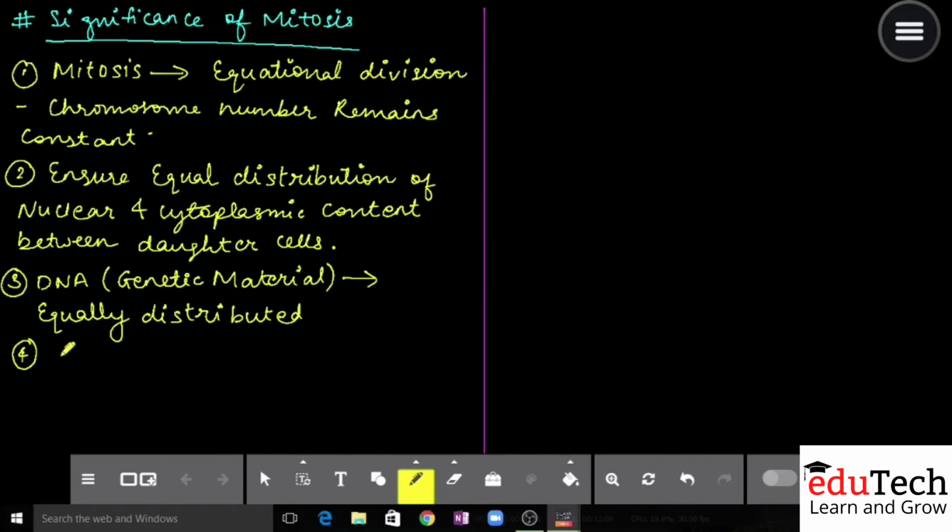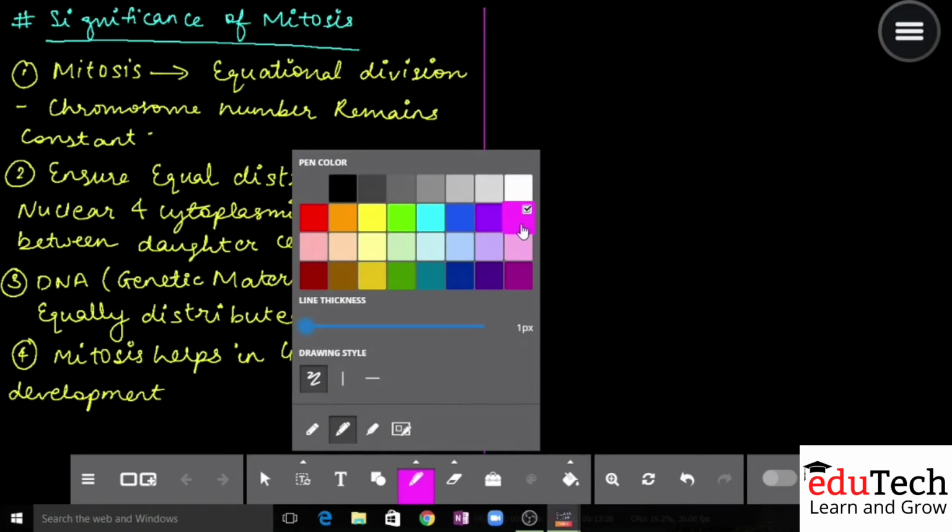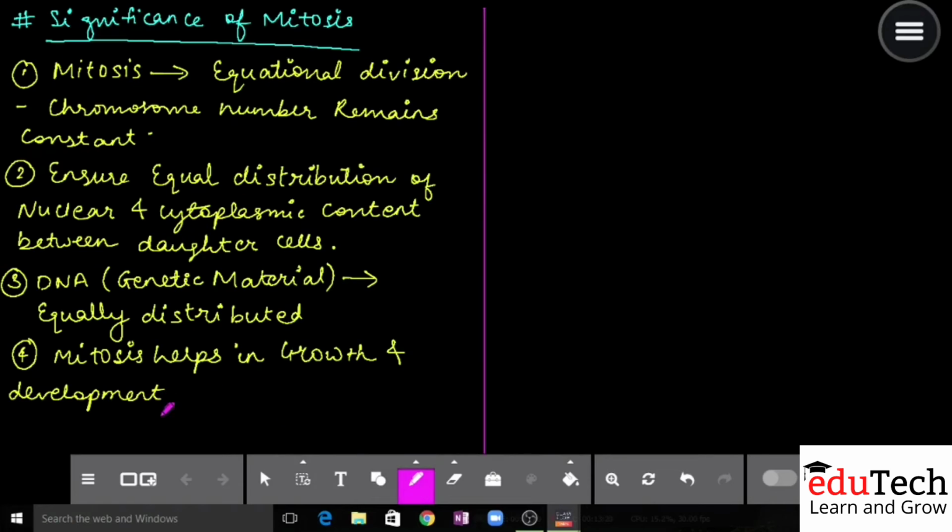One important function is mitosis helps in growth and development. growth and development में मदद करेगा, extremely important. Let me tell you that mitosis happens in somatic cells.